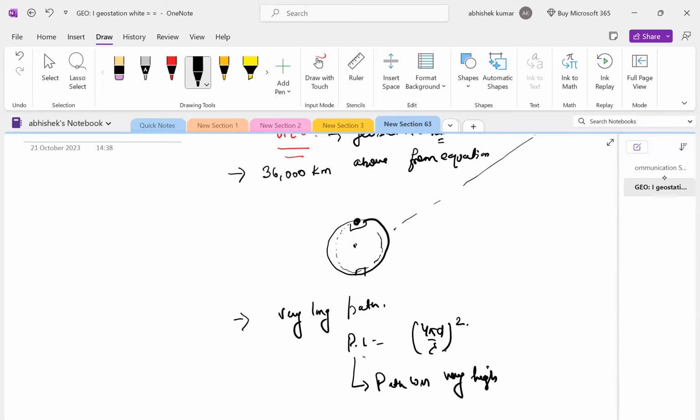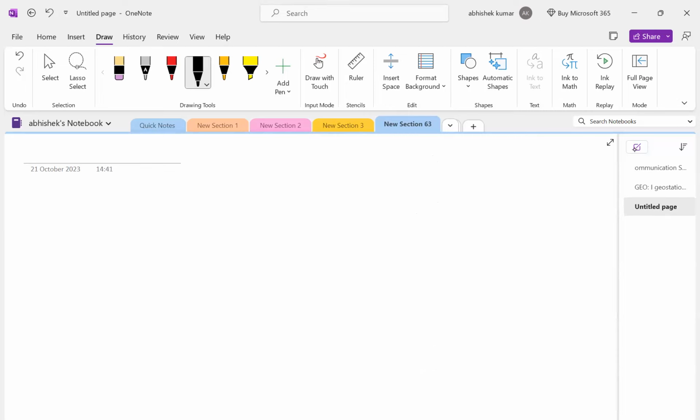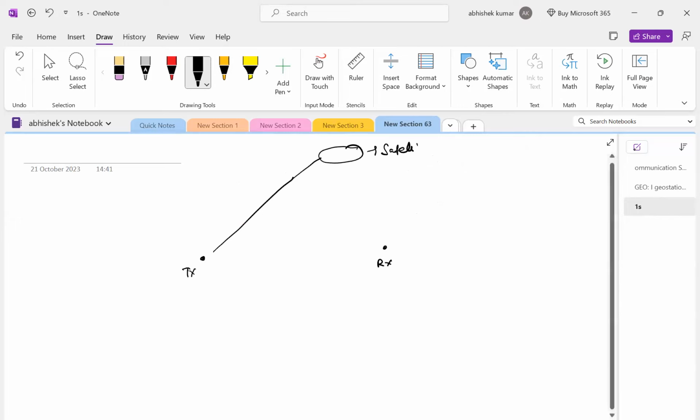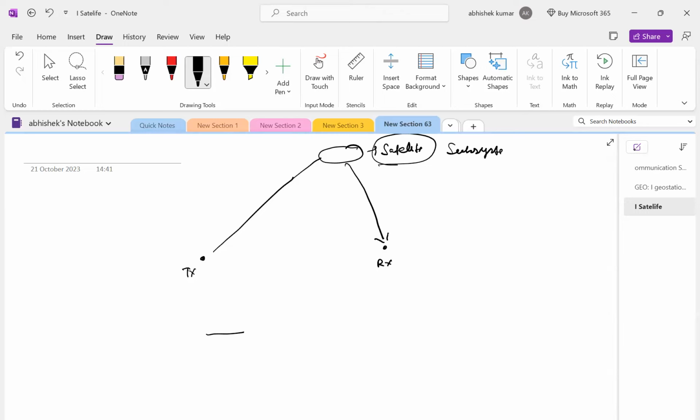Now, coming to how satellite communication works here. From the Earth station transmitter, and another Earth station with a receiver, the transmitter sends a signal to the satellite subsystem, and from here the signal is transmitted back to the receiver. Now we will study this satellite subsystem. In our satellite subsystem, the first block is the low noise amplifier.